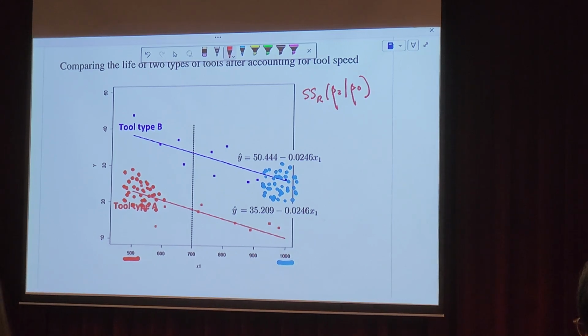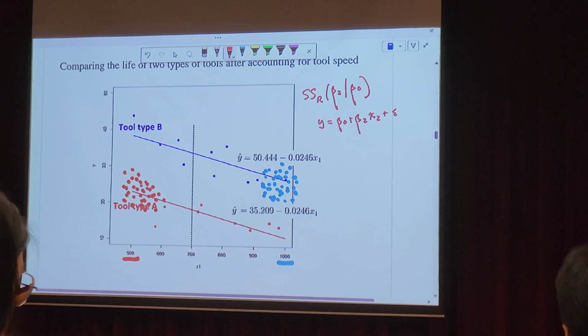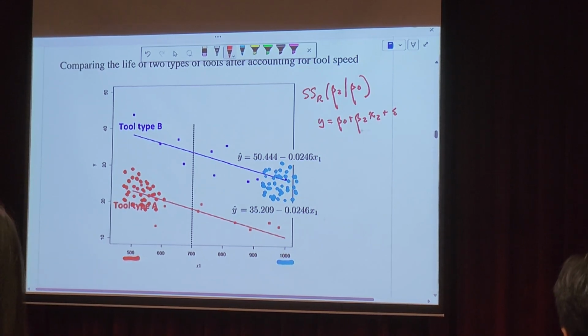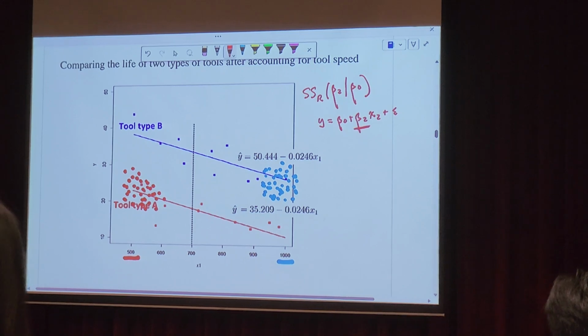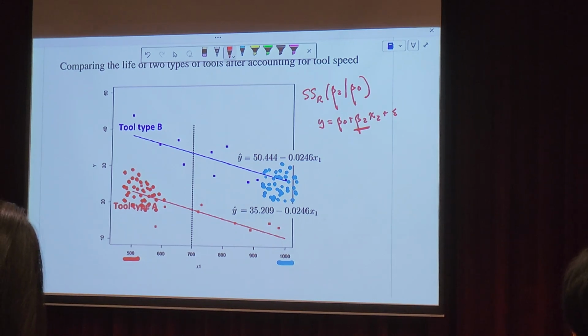You fit a regression model: Y equal to beta naught plus beta 2 x2 plus epsilon. That's what it is. And when you test whether beta 2 is 0 or not, that's what you are testing. Okay? That's what it is. Is there any x1 in the equation?